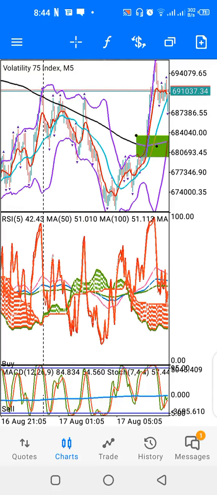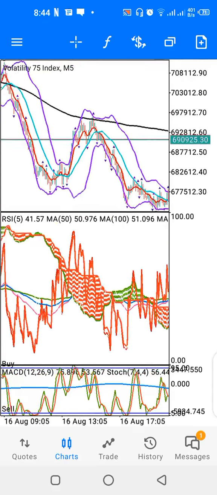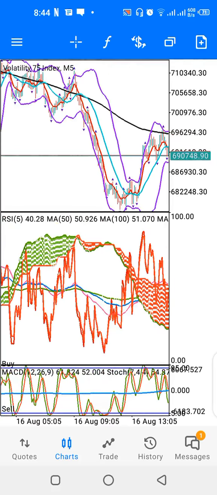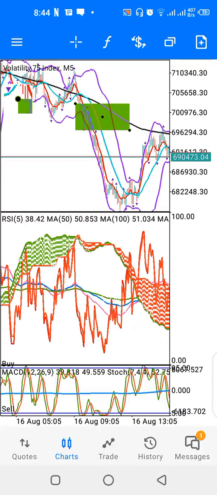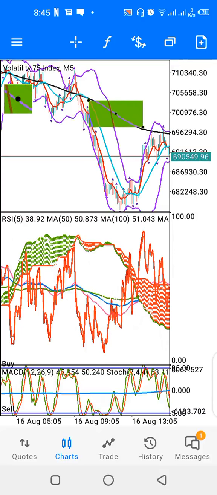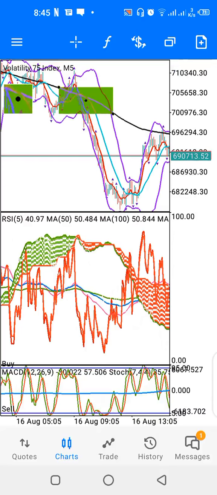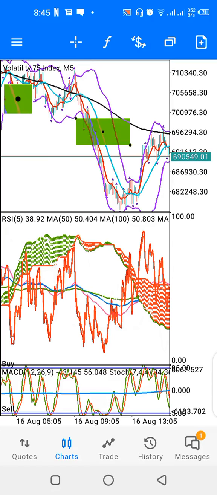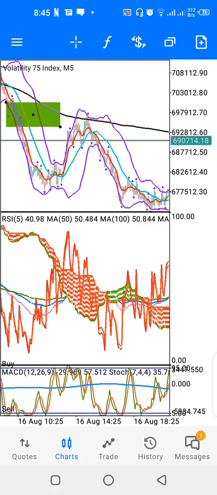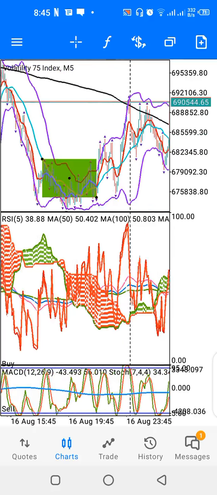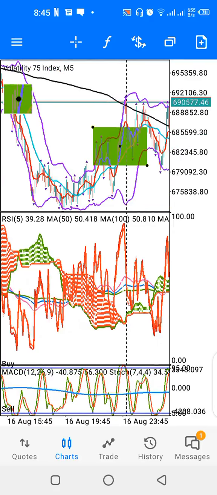See all the indicators crossing above. That's bullish trend. When you have all indicators crossing below the black line, the 240 period line, like you have around here, all the indicators crossed down around there, that's bearish trend development. And you can see, that's the essence of the black line.